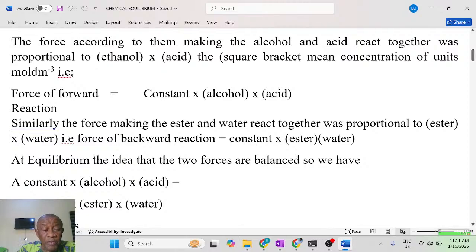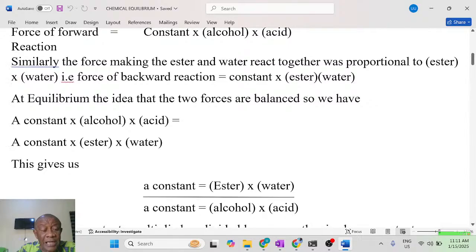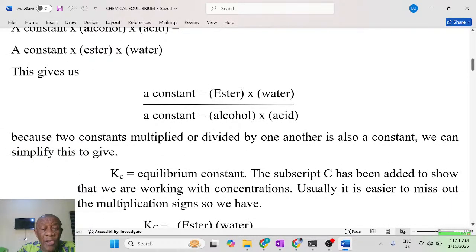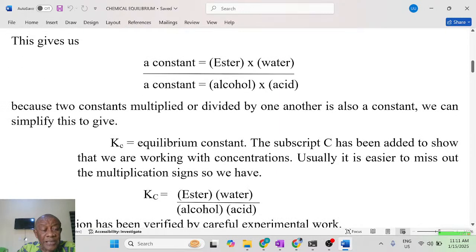So at equilibrium, the two forces are balanced, so we have a constant times alcohol times acid, which will equal a constant times ester times water. That gives us the equation on the board, whereby a constant is equal to ester times water, the product, all over a constant times alcohol times acid, the reactants.